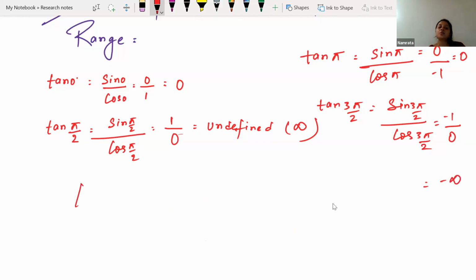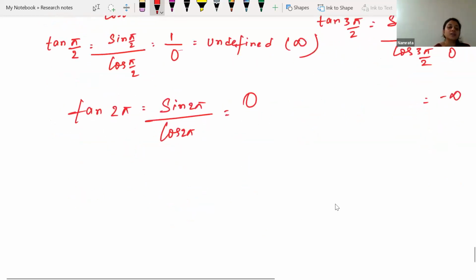We also need the tan 2 pi value. So the value of tan 2 pi will be sine 2 pi by cos 2 pi. What is the value of sine 2 pi? Integral multiple of pi is 0. So the answer will be 0. Let's plot the graph quickly.